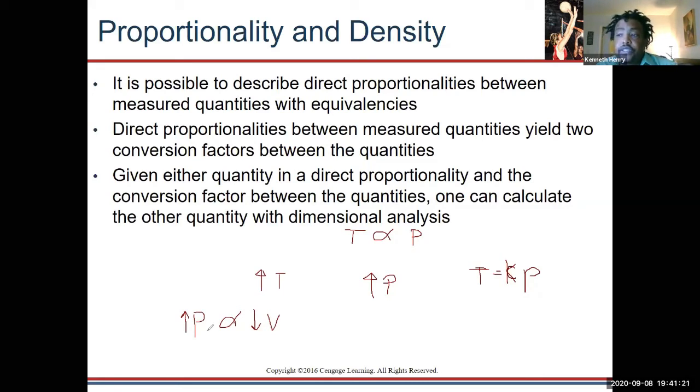So these are indirectly proportional. Do you guys understand that? And this symbol here, this fish-looking thing, just means proportional. So these are directly proportional.